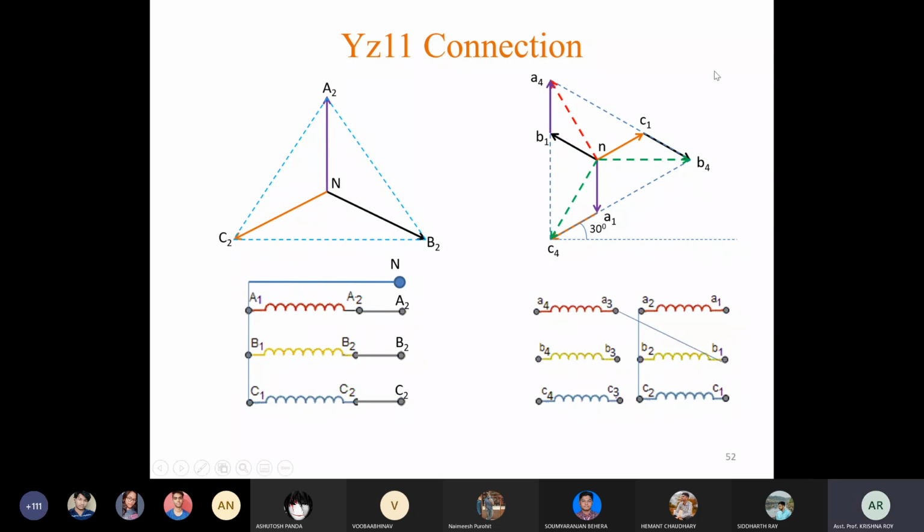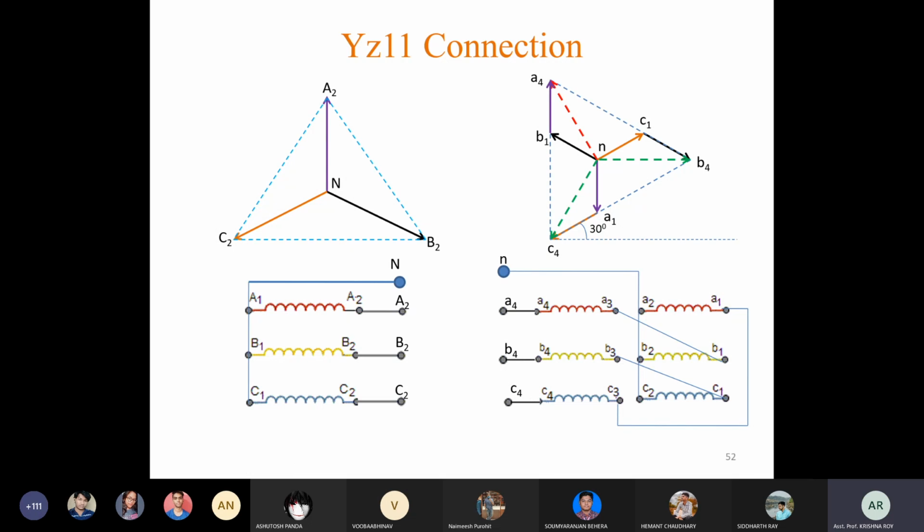Then connection B1 to A3, C1 to B3, and A1 to C3. These are output terminals, and this is the neutral.